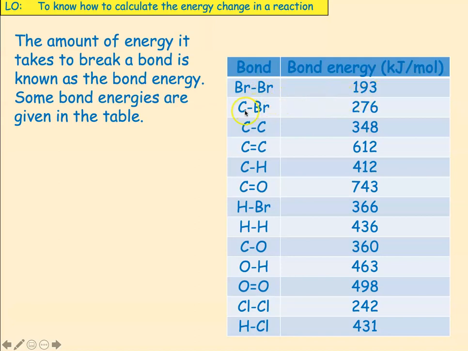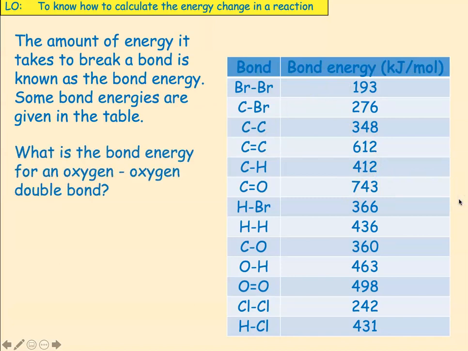The single bond between carbon and bromine, that is 276, etc. Now this one here is different to that one. It's a double covalent bond, and you notice that the single covalent bond is 348. To break a double covalent bond, because you're breaking two bonds, is 612. So we don't need to add two of these together because a double covalent bond has its own bond energy.